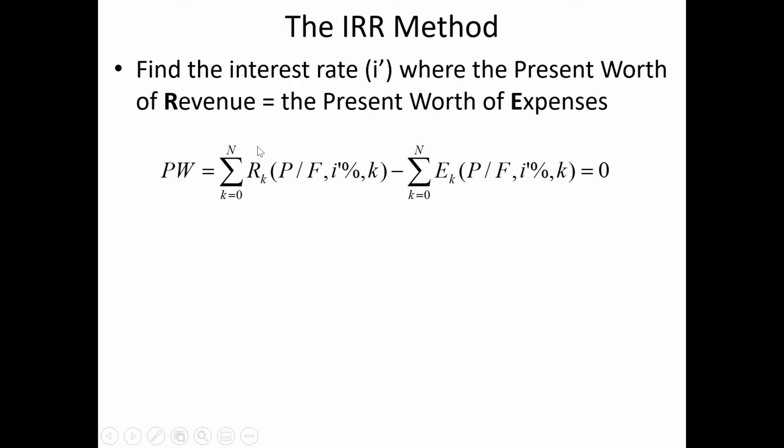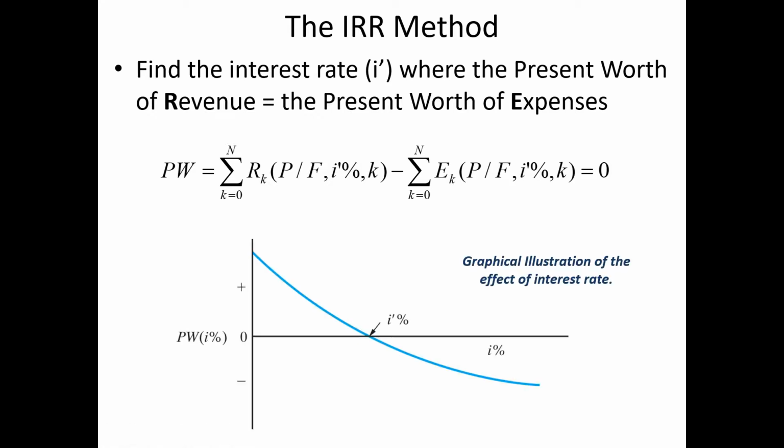So here in the parentheses, this is just saying find the present value of any amount that's in the future, discount at this interest rate, i prime, which is the internal rate of return, and take it k years, however many years it is, to get it to the present. And so if you do that for all of the revenue and all of the expenses, the magical interest rate, i prime, that makes them in equilibrium so that revenue minus expenses is equal to 0, that's what you're solving for. It's not really magical, it's just unknown initially.